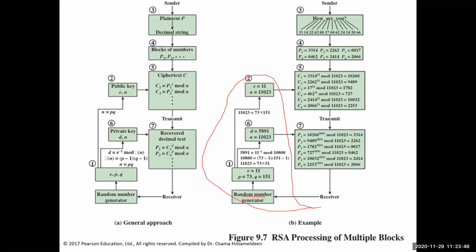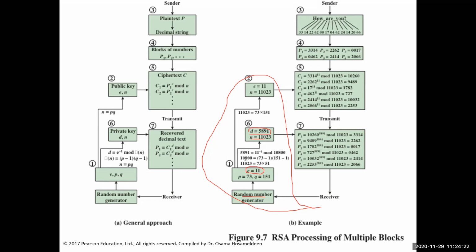We found 11 is a good choice. And here are the calculations using E, which is the public key. We can calculate D, which is 5,891. So we have the public key, and D is the private key. And we have N here.